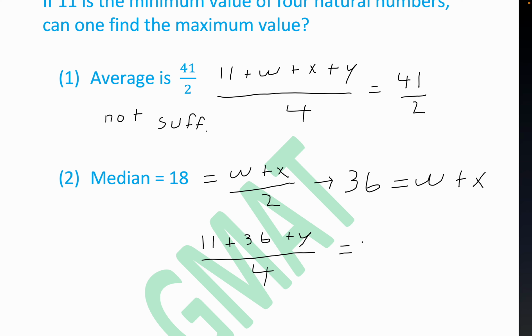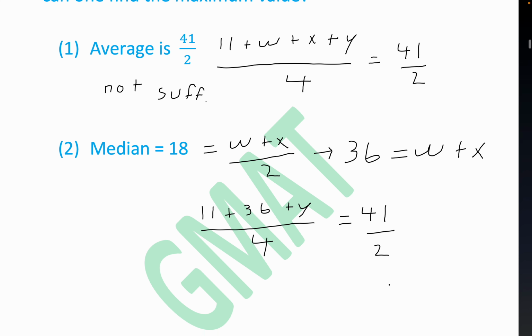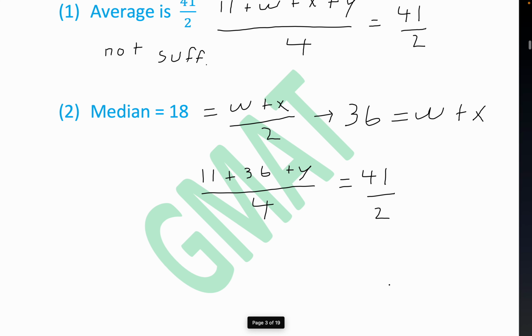But you see here, now all of a sudden nice things happen to us. We only have one unknown, which is what we're seeking. Y is the maximum value, right? So if you do the fraction clearing here, 11 and 36 add up to 47, right?